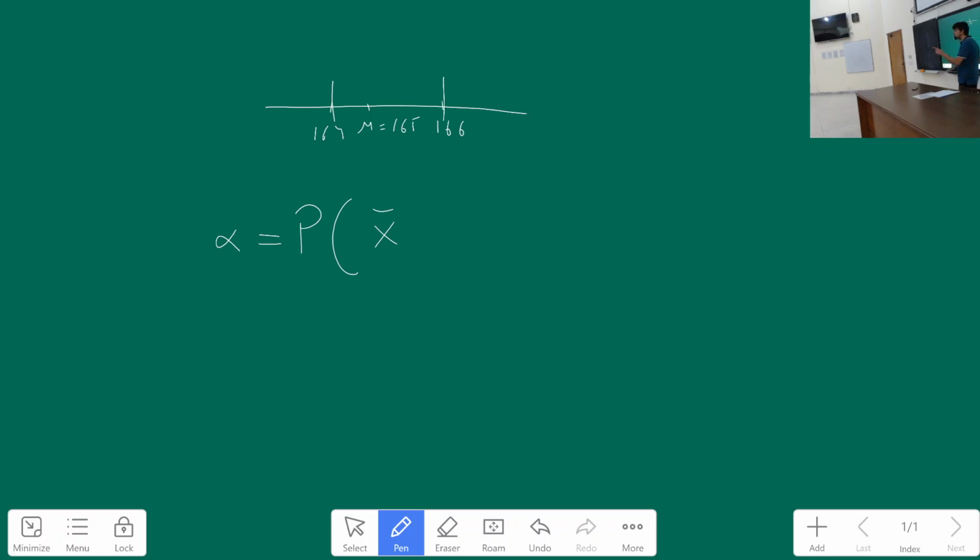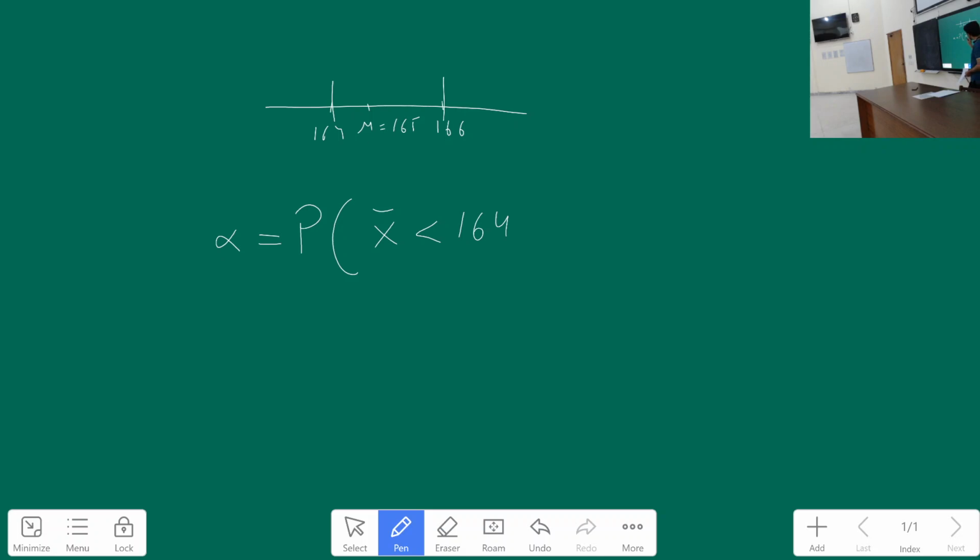Now, if you are to conclude I was wrong, if your estimates give you values outside, so probability x bar is less than 164. What are the chances of that? Those are the chances that you will conclude I was wrong.